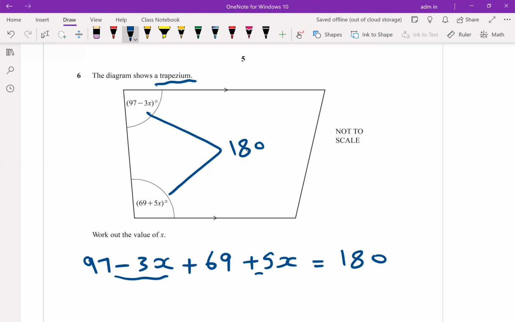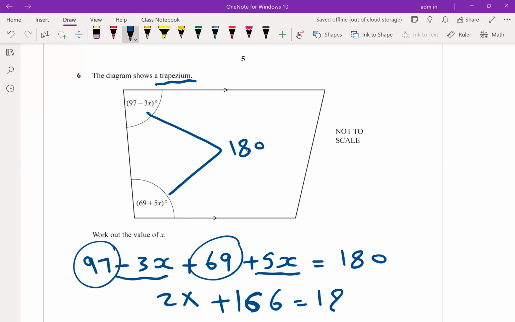Negative 3x and 5x is 2x. When we add 97 and 69 we get 166. So 2x plus 166 equals 180. It's a linear equation.